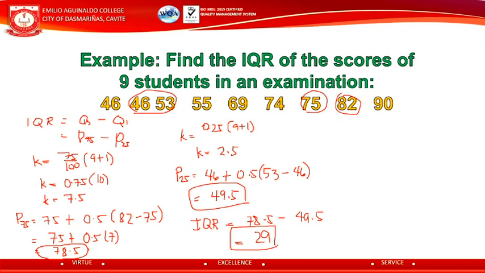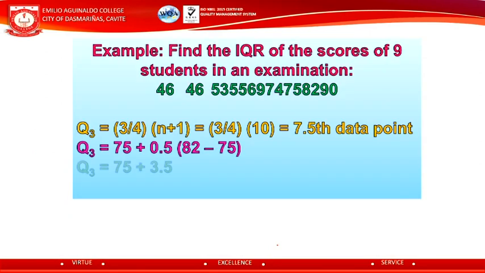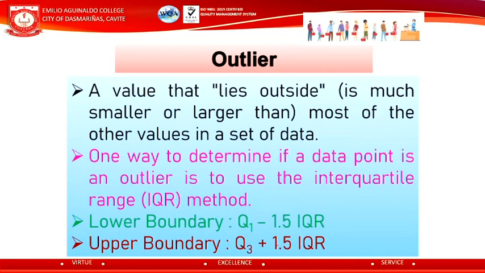Now, aside from the interquartile range, we also have another thing under the measures of absolute dispersion, which is what we call the outliers. There is a need for us to determine the IQR, since that is one of the components in the determination of the outliers. So what is an outlier?